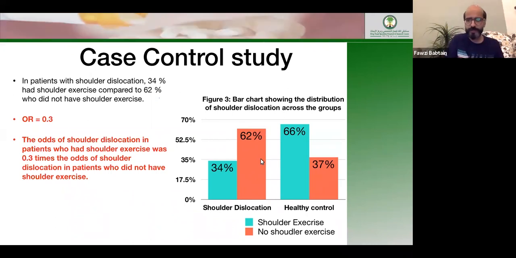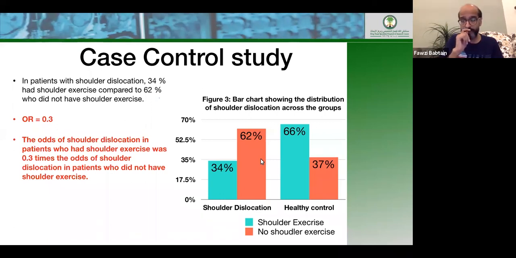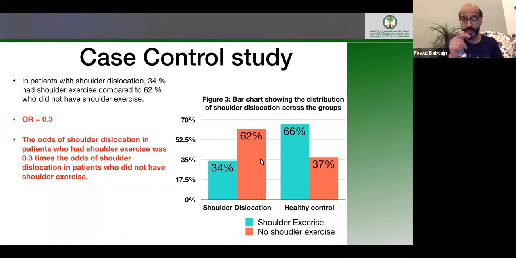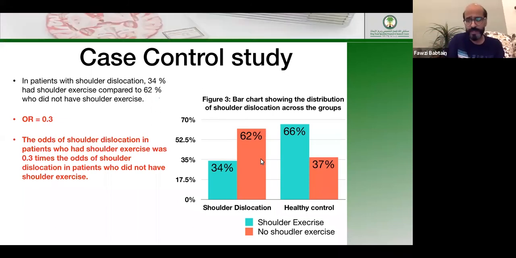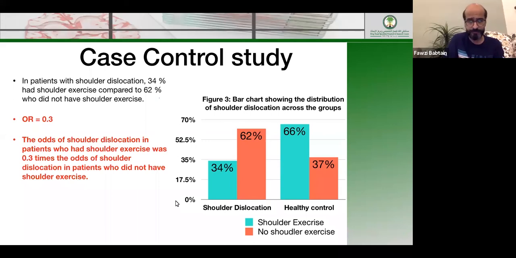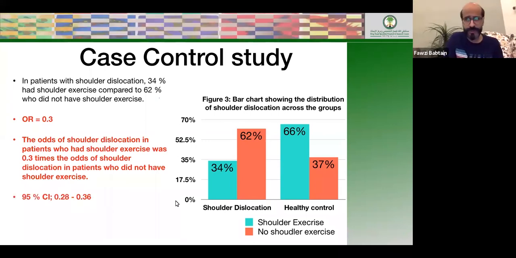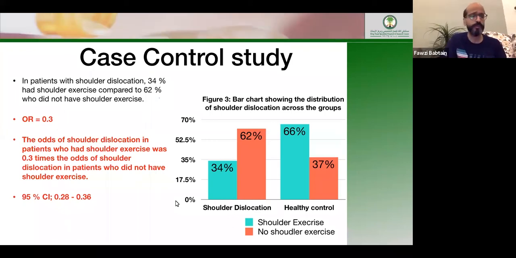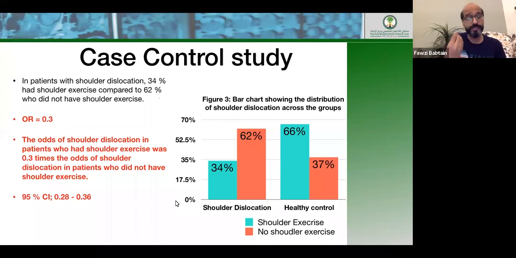You know what? The shoulder exercise led to less shoulder dislocation compared to no shoulder exercise, and the odds ratio goes with the diagram here. The 95% confidence interval is another good tool to really see the association or the significance of your results.